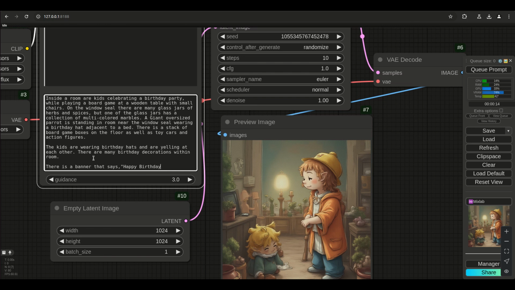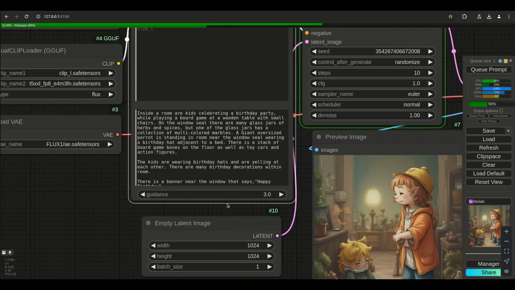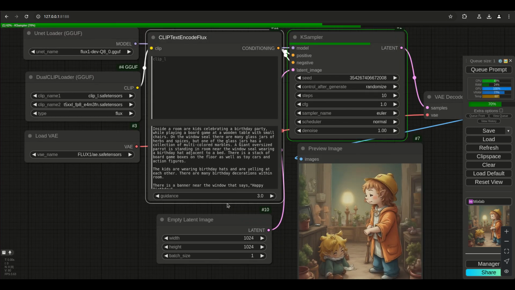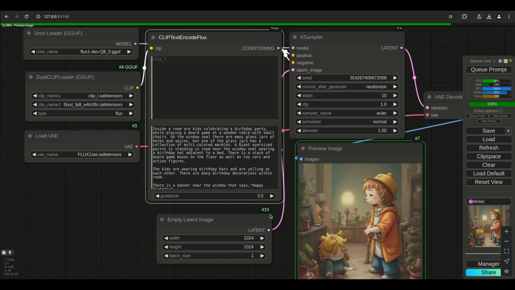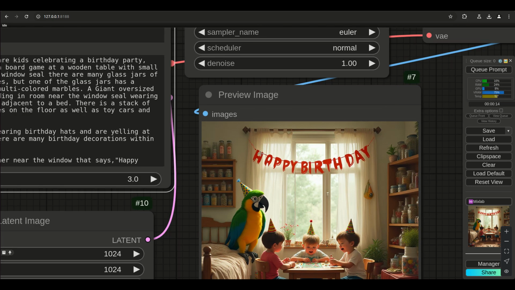Oh my god, I am like so dyslexic or something. My fingers are so messed up. The banner near the window that says happy birthday. Okay. To be able to do this, you're probably gonna need Flux. I believe you have some language models now, or some type of encoders that they have now. See, and it does it pretty freaking well. First try, happy birthday, right?